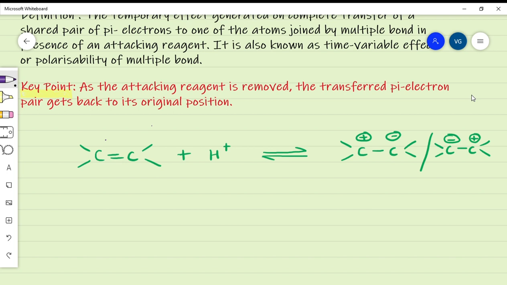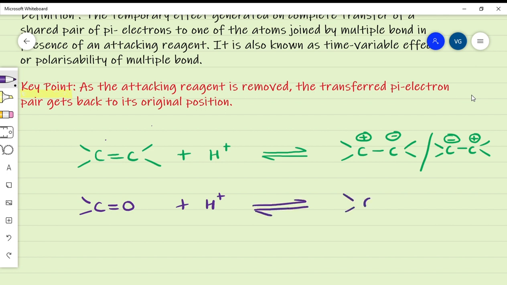but the situation is different when this multiple bond has one more electronegative atom. So let me give you another example. Let's take the example of the C=O bond. So here oxygen is more electronegative. So in this case, the electron pair always moves towards oxygen. So suppose it is again attacked by a proton. So what is the next situation?